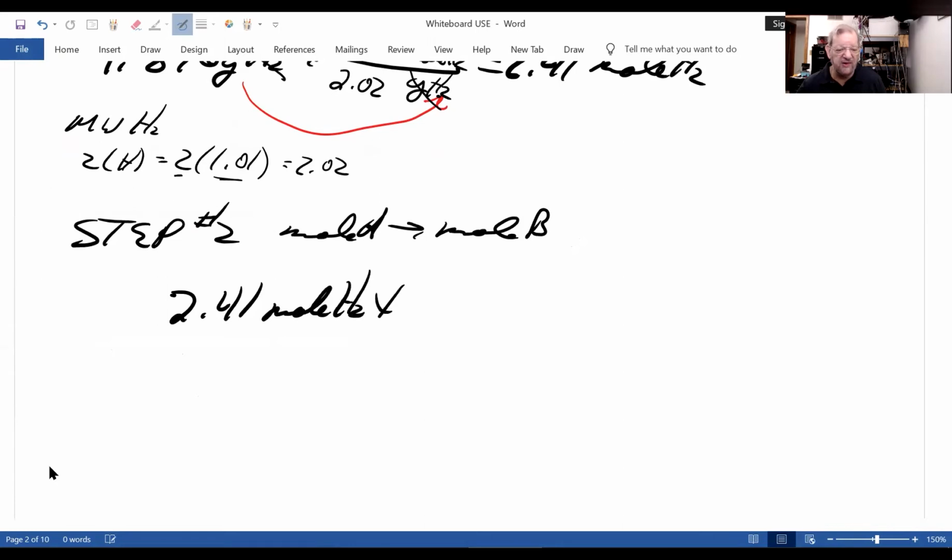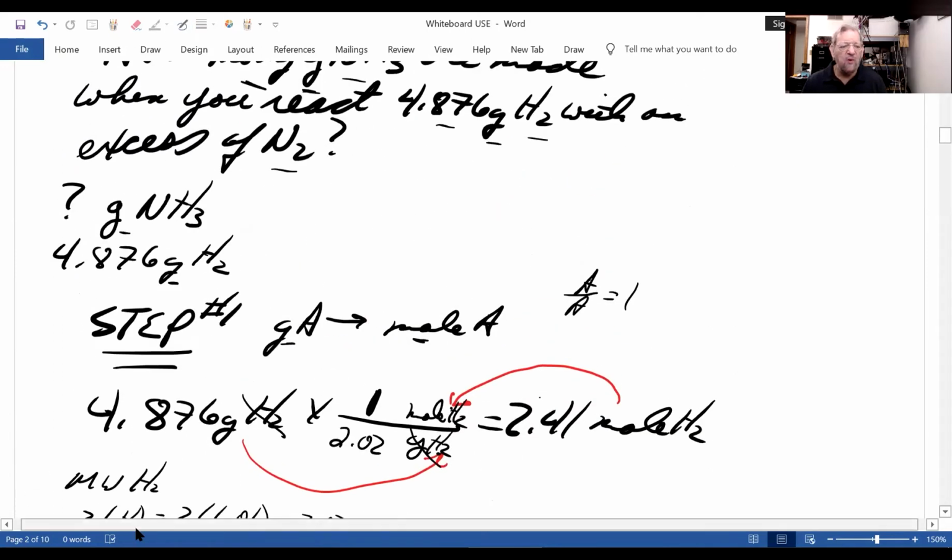Well, we just calculated A, moles of hydrogen. And if we look back up here, what are we trying to get to? Grams of ammonia. But first we need moles of ammonia. That's our B.